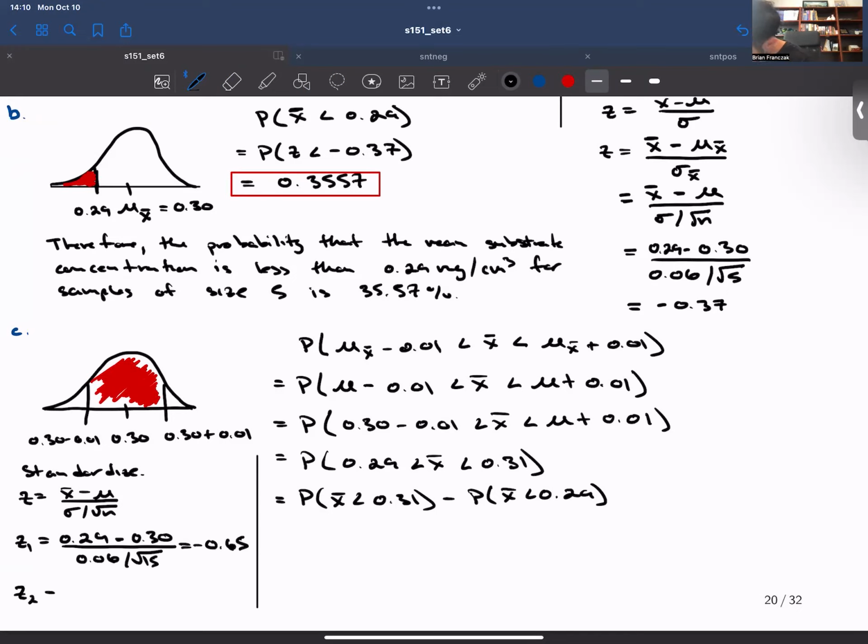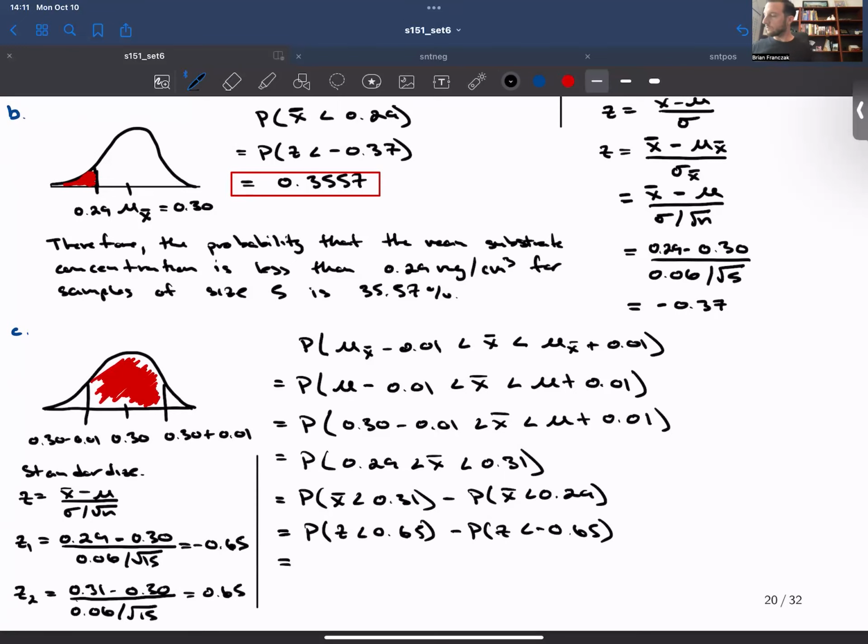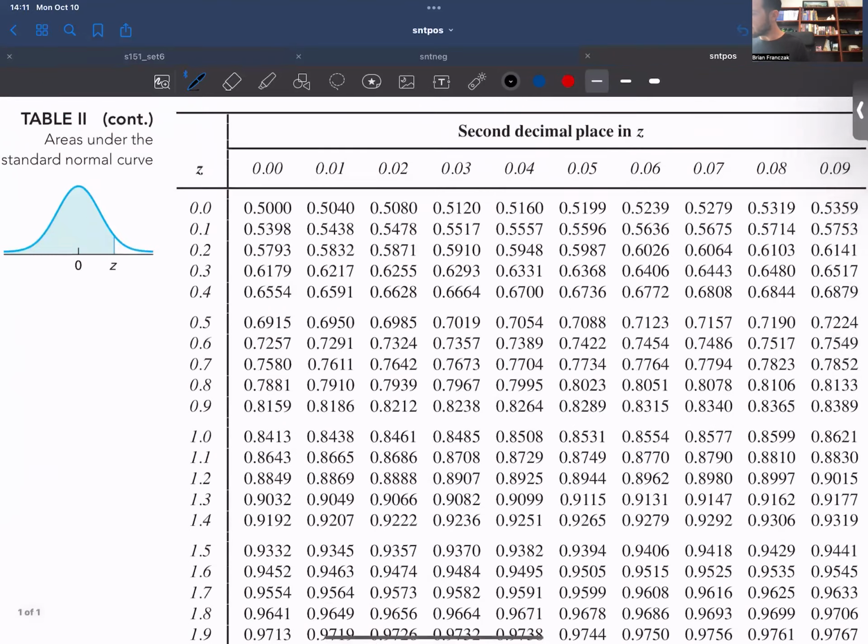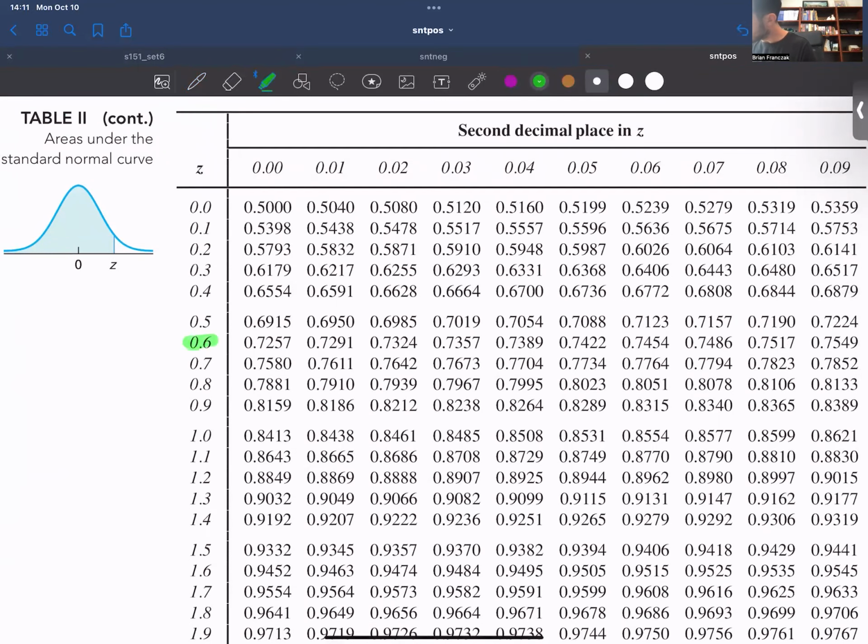And then Z2 is going to be 0.31 minus 0.3 over 0.06 divided by the square root of 15, which is 0.65. So then we have the probability Z is less than 0.65 minus the probability Z is less than negative 0.65. If we go to our normal table, we look up 0.65, 0.605, which is 0.7422.